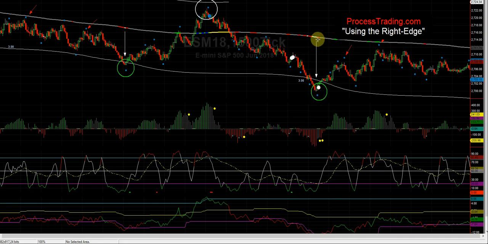We do have the white on the process trading VWAP, which tells us it's in the overextended mode. Remember, the gray is normal, the red is extended, and the white is overextended. So it's overextended, and we have price going below the contrarian band, so those conditions are met.